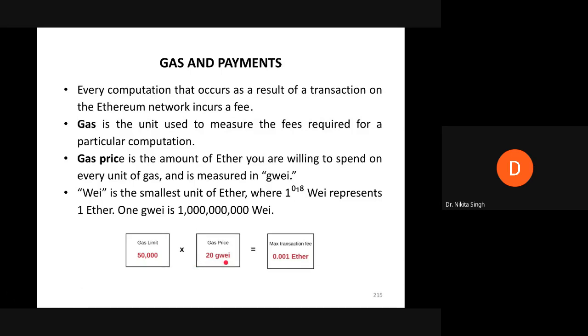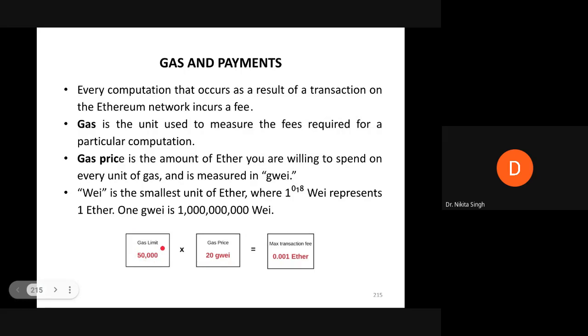I am setting this value, but basis the trend present in the Ethereum network, I know that if I want my transaction confirmed in the fastest time, I have to pay 13 GY. So already I'm paying 20 GY, so I will get this transaction confirmed in the fastest amount of time.